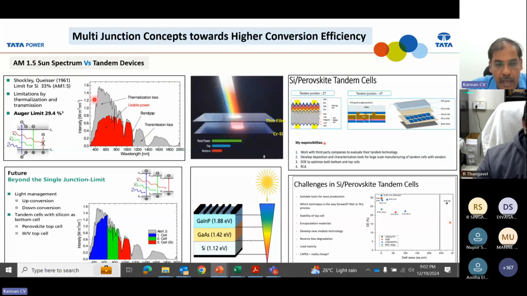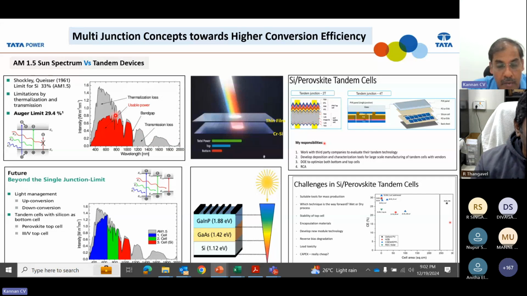The silicon based solar cell works only in this region, particularly 400 to 1100 nanometer. Beyond 1100 nanometer it will not work, because the band gap is 1.1 eV, and it will not be able to produce any electron hole pair. So the whole IR spectrum is going to be wasted.